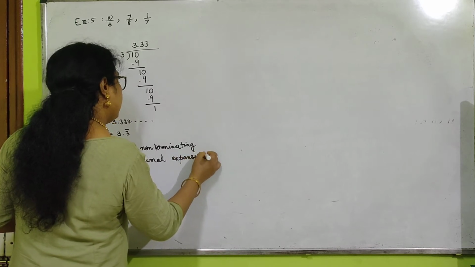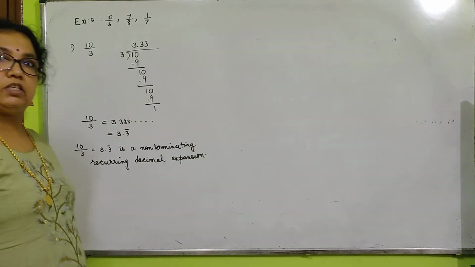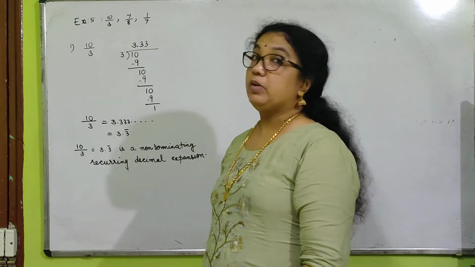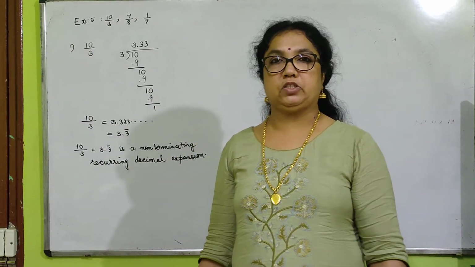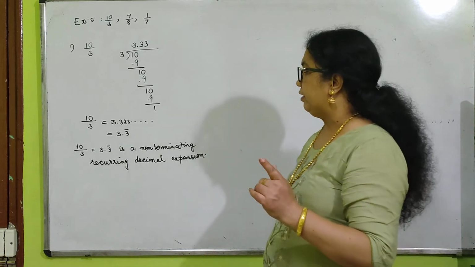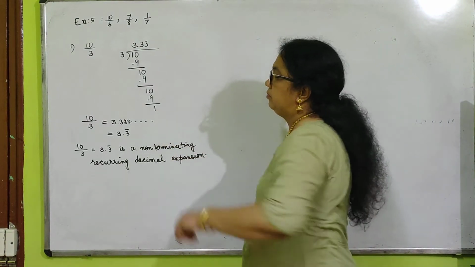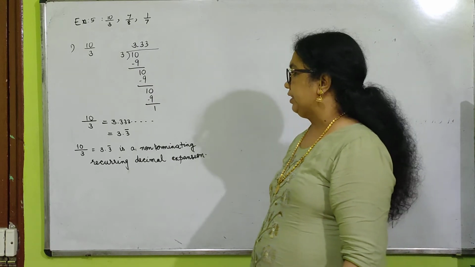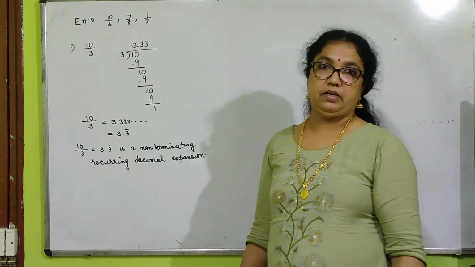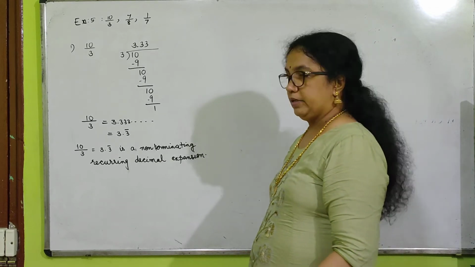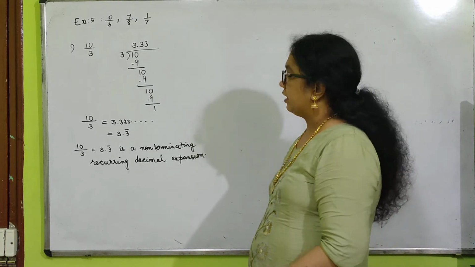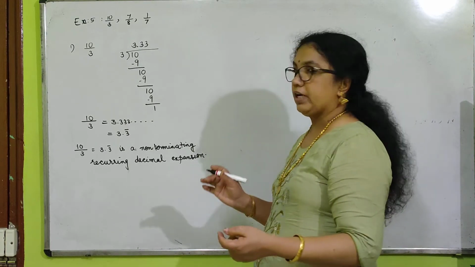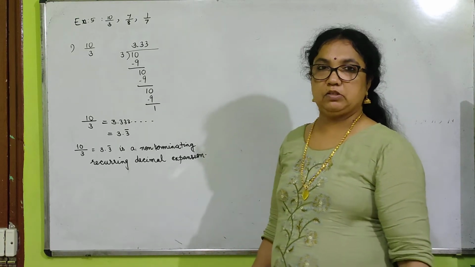In this type, they may just ask you to write the decimal expansion, but this type of question always asks what kind of decimal expansion it is. So remember, if the remainder is not coming as 0, you write non-terminating. If the digits are repeating, you write recurring. If different digits keep coming, you write non-recurring decimal expansion.